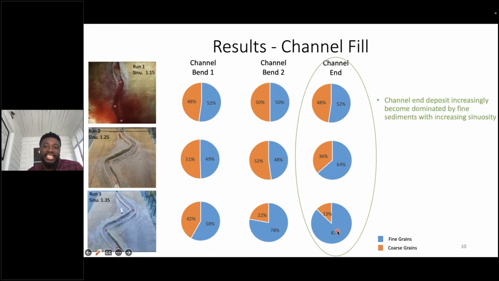So the channel end deposit increasingly becomes dominated by fine-grained sediments with increasing sinuosity. As we increase the sinuosity of the channel, more fine-grained sediment makes it to the channel end than coarse-grained sediment. And the deposits are better sorted with increasing sinuosity. If you look over here, as you go down and the sinuosity increases, the deposit gets increasingly better sorted.